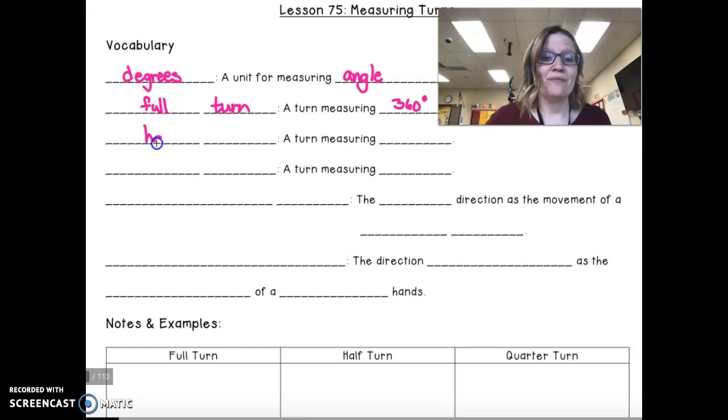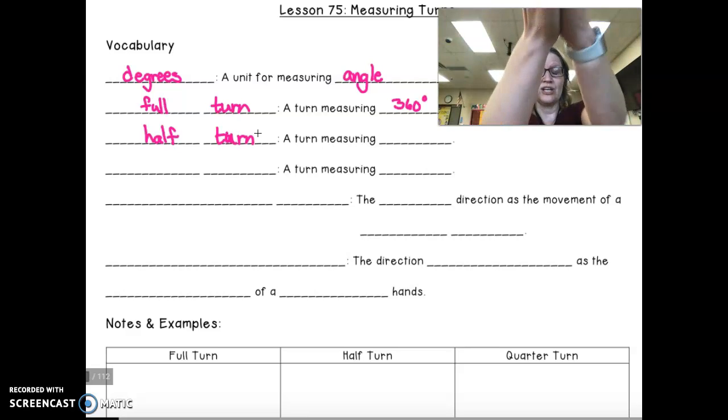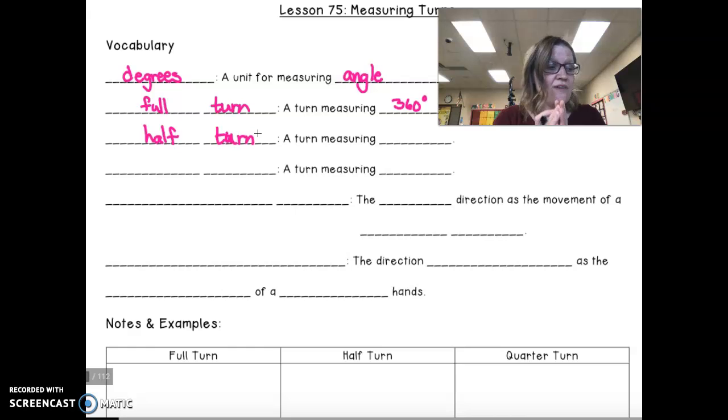Our next measurement is if you did a half turn, and I'll show you where I'm sitting. A half turn, T-U-R-N. If I'm sitting right here and I'm pointing this direction, if I did a half turn, I would go, watch, here we go. And now I'm facing exactly the opposite direction.